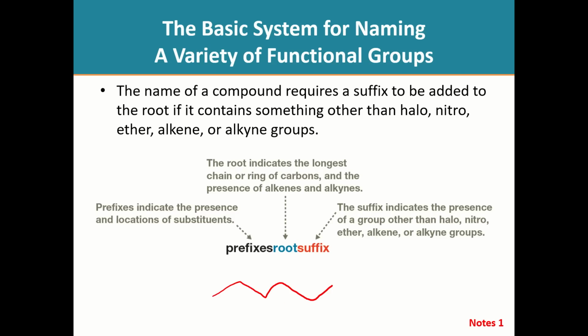It becomes a root when we start putting on a functional group that is not a halogen, a nitro group, an ether, alkene, or alkyne. So if these are the only types of substituents on a carbon chain, then we call that a parent chain.